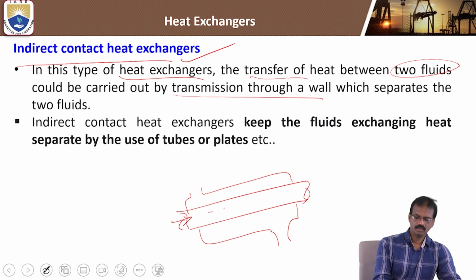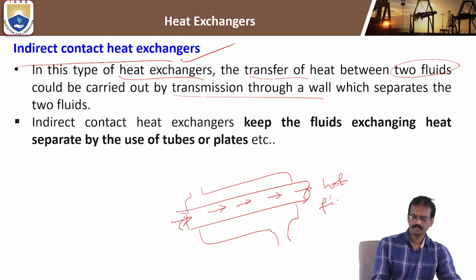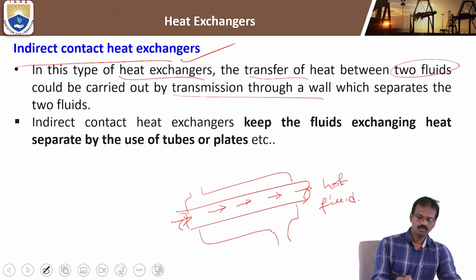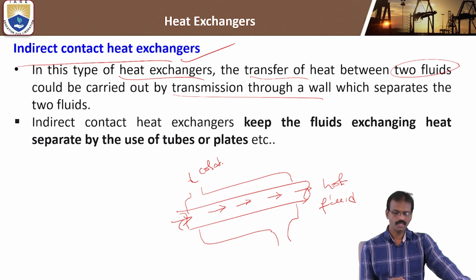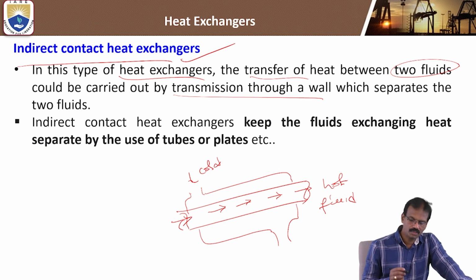One fluid, that may be hot fluid or cold fluid, hot fluid flowing like this. Cold fluid enters like this. Both the fluids are separated by a wall, but heat transfer takes place from the hot fluid to the cold fluid through the wall.